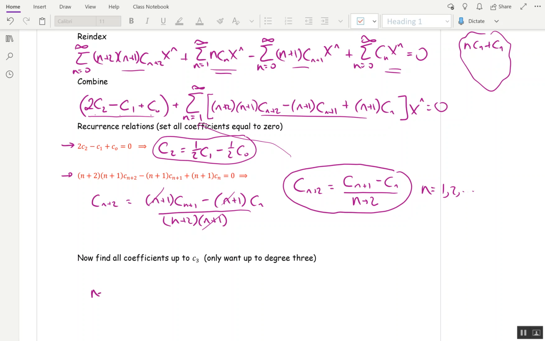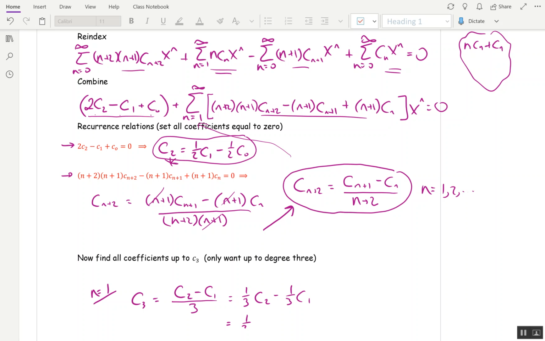So when I set n equal 1, I'll get C3. So I'm looking at this guy right here. And that gives me C3 is C2 minus C1 over 3, which is 1/3 C2 minus 1/3 C1. But I'm only allowed to write this in terms of C0s and C1s. So I can replace the C2 with what's in the circle up here.